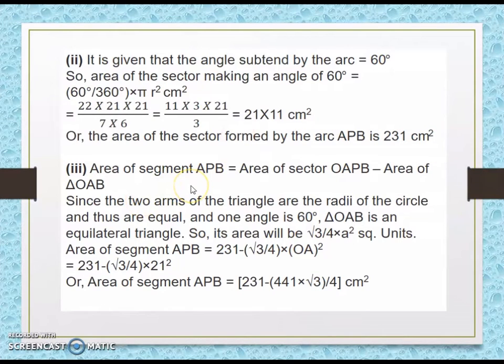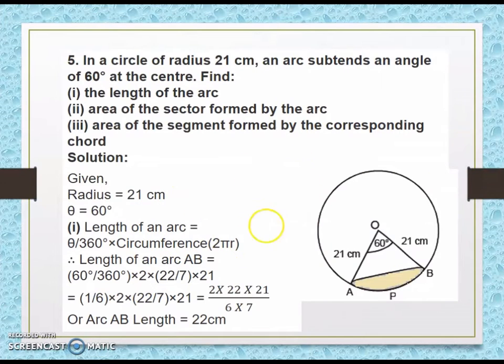Now to find segment, area of the segment will be area of the sector minus area of triangle OAB. Now this OAB is an equilateral triangle because this angle is given as 60. Since it is an isosceles triangle, you can say if both the angles are x and x, you can prove that the other two are also 60-60 each.